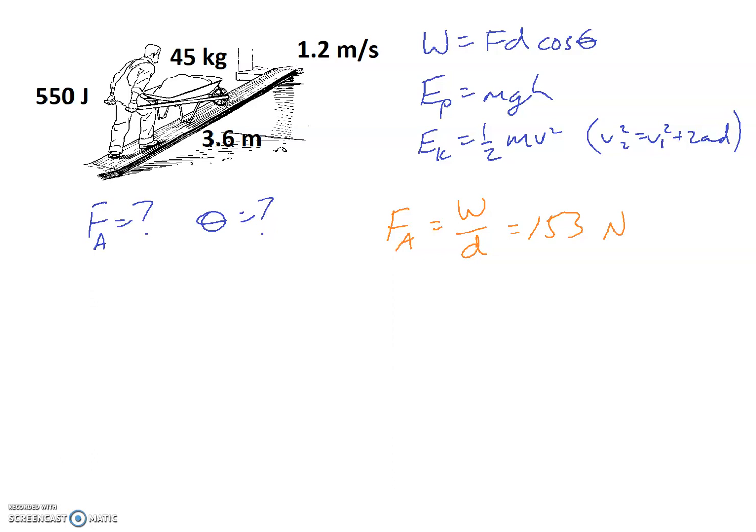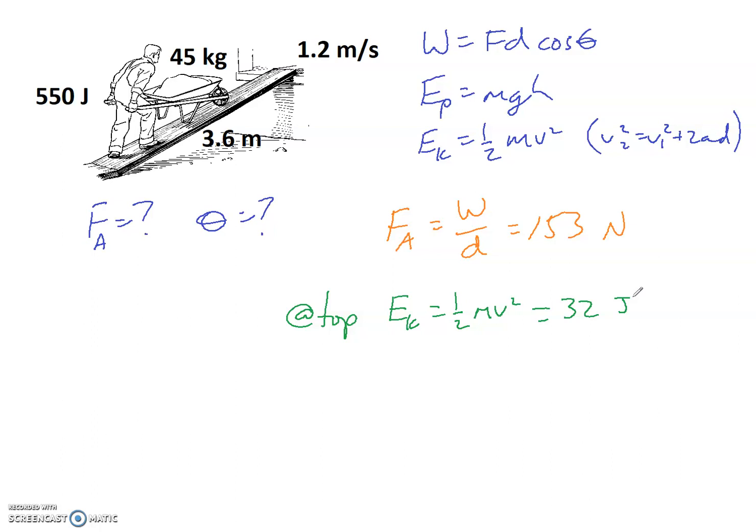So if I find my kinetic energy, 1/2 mv squared, I've got my 1/2 obviously, I've got my mass of 45, and then I've got a speed of 1.2. Don't forget to square it. And my kinetic energy at the top is around 32 joules.